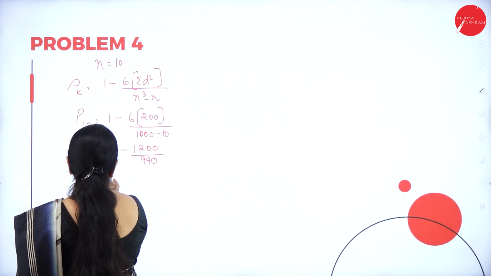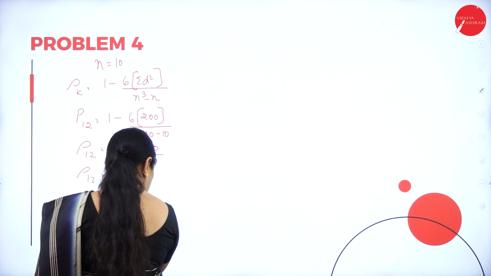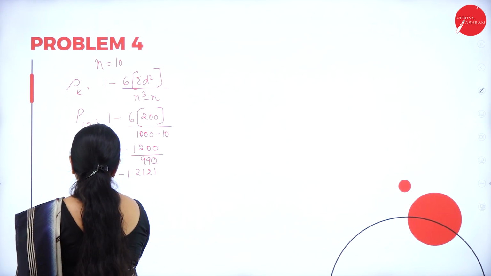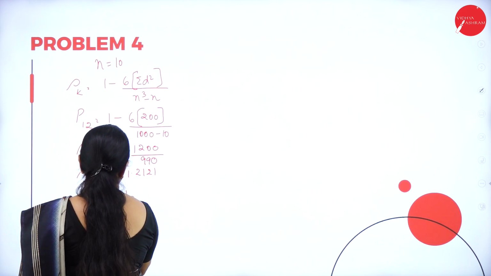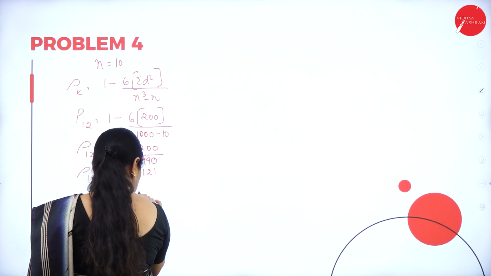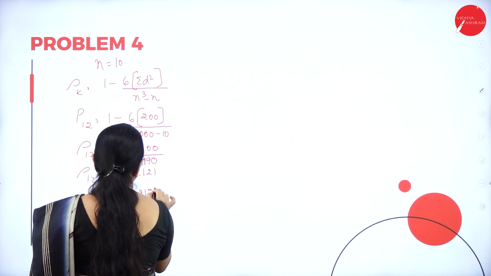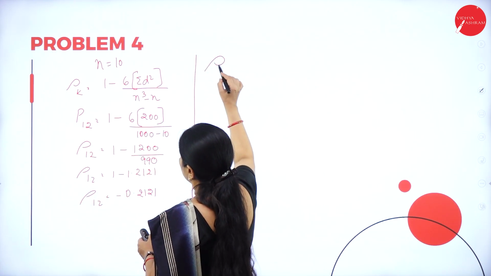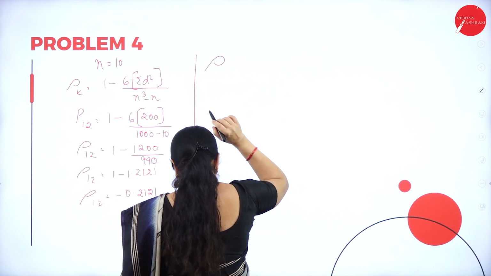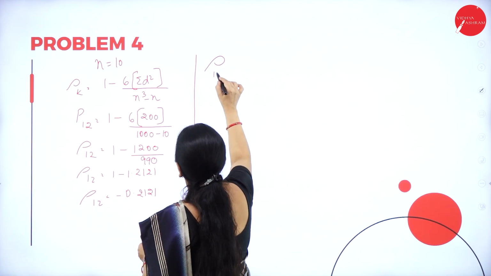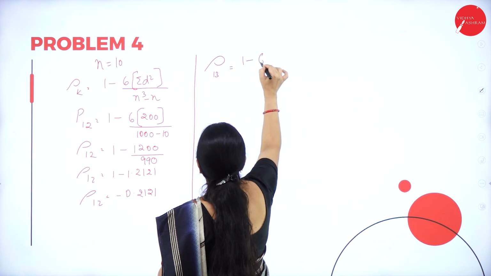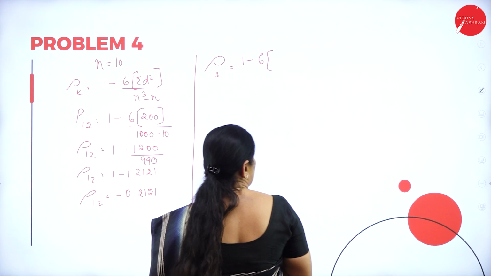So ρ of 1, 2 will be 1 minus 1.2121, that will be equal to minus 0.2121.